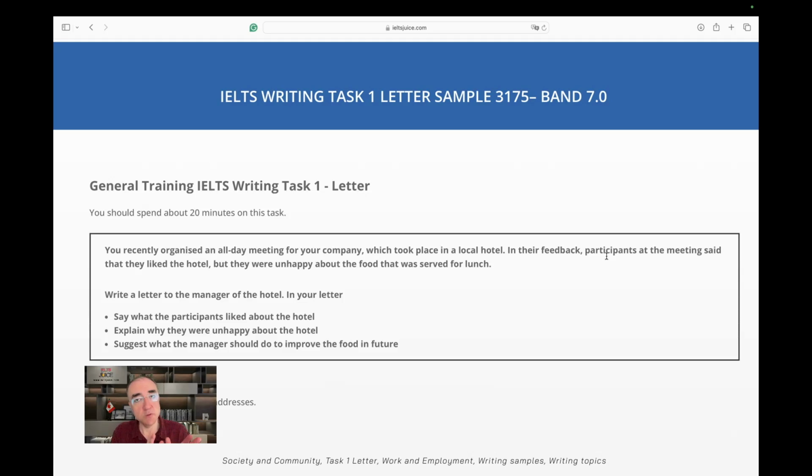So you need to say some good things about the hotel, and in specific, maybe the participants loved a certain thing about the hotel. Maybe it was the staff or sanitation, design, whatever. And then in your balanced approach, you need to also talk about some negative aspects of it. And you don't say negatives to paint a bad picture for the hotel.